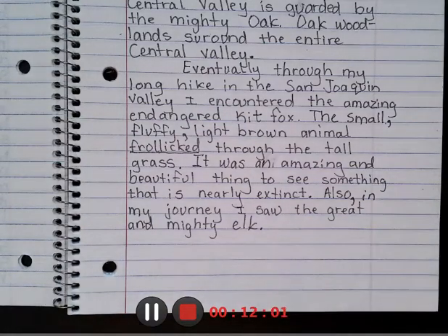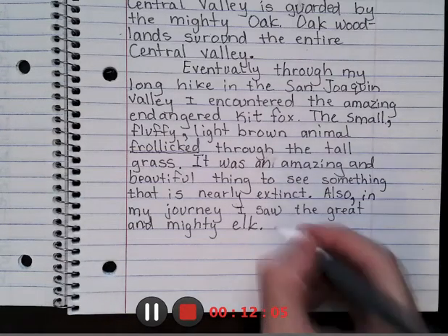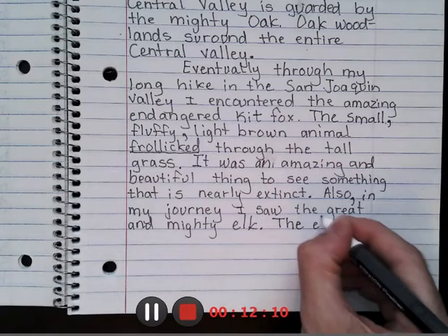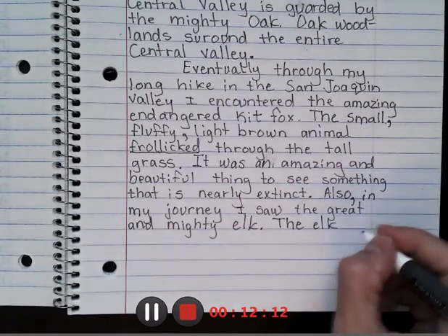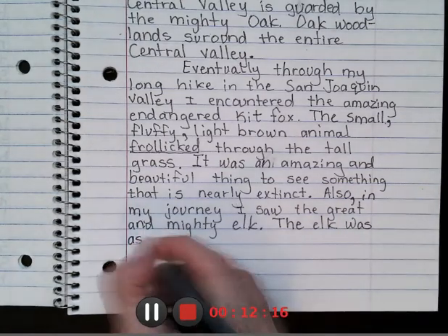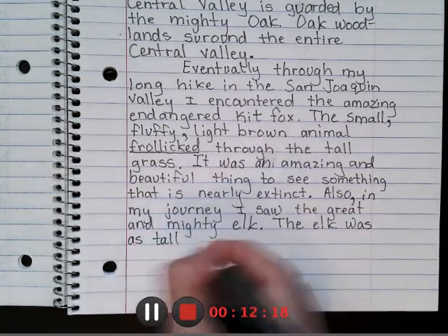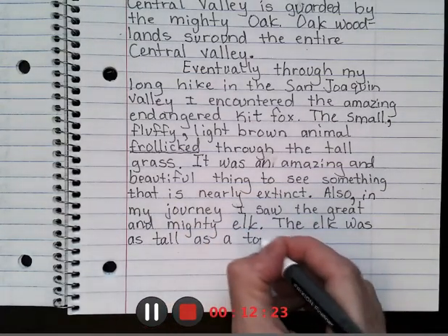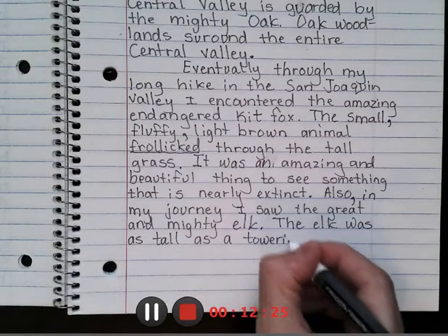So the elk was as tall as a towering mountain.